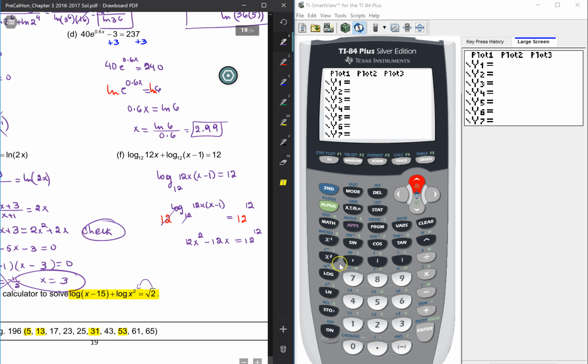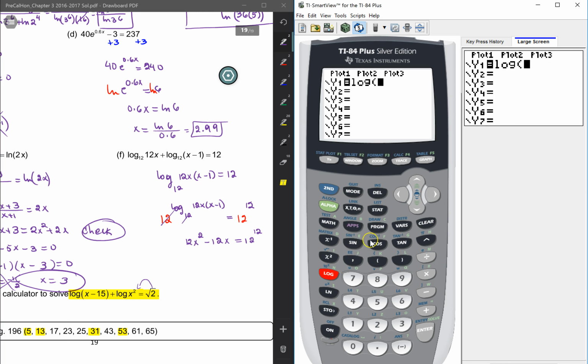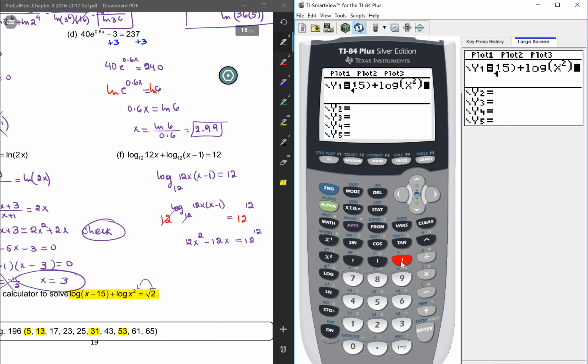So it will be log of x minus 15 plus log of x squared minus the square root of 2.